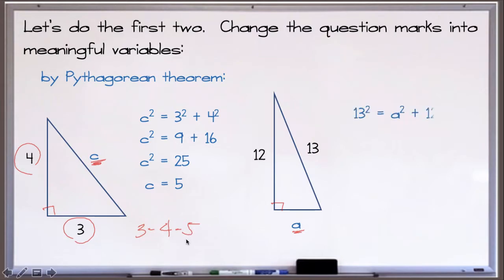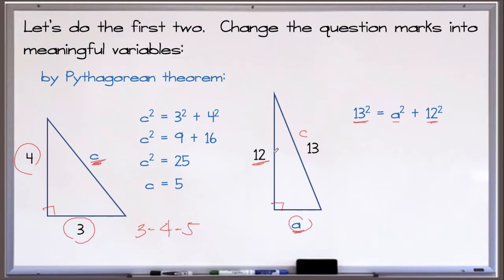Okay? Let's continue on. Dito sa kabila naman, syempre, ang hypotenuse natin dito is 13. So, siya naman ngayon yung ating C. So, C squared, 13 squared is equal to A squared plus 12 squared. Okay?